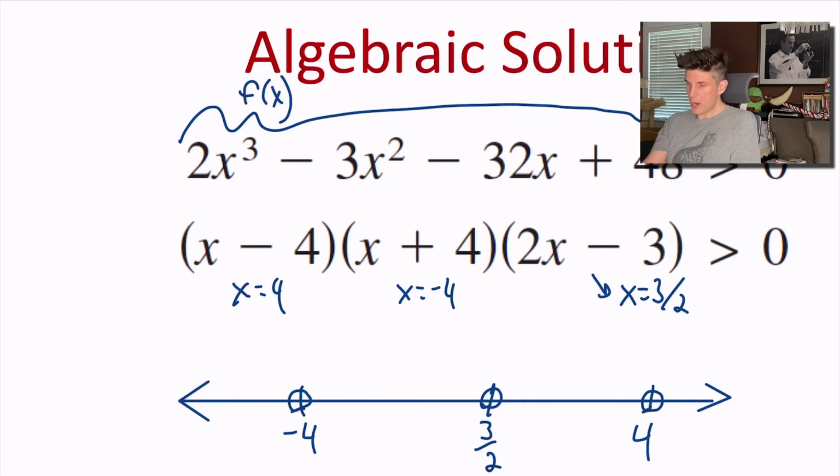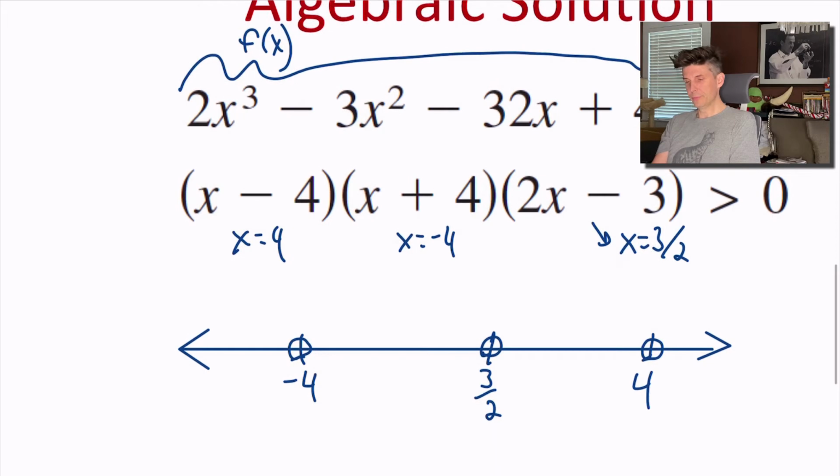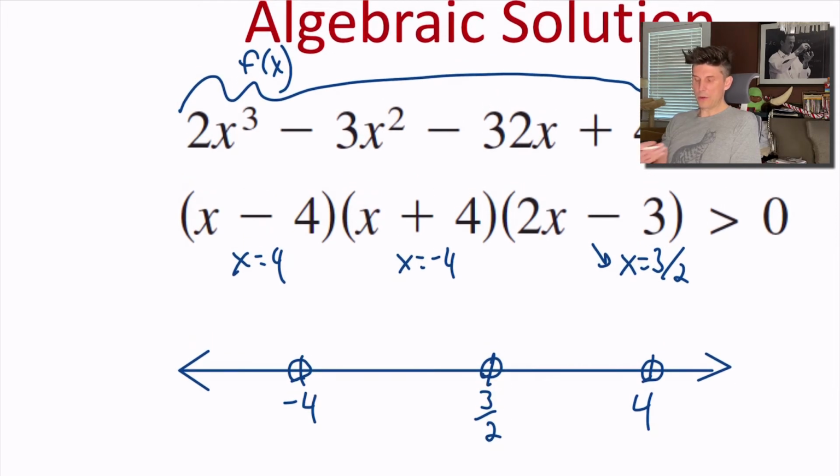Okay. Now, I want to just pick some test values from each interval to see if the function's positive or negative. So anything to the left of -4, I'm going to plug in -5. Something between -4 and 3/2, or as we know, 1.5, I think it would be wise to just plug in 0.